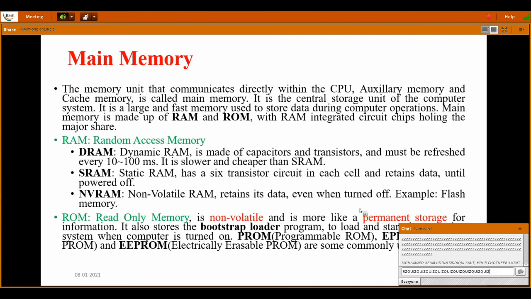The principal technology used for main memory is based on semiconductor integrated systems. Integrated circuit RAM chips are available in two possible operating modes, that is, one is static and the other dynamic. Static we can also call SRAM, that is the static RAM, and dynamic RAM.